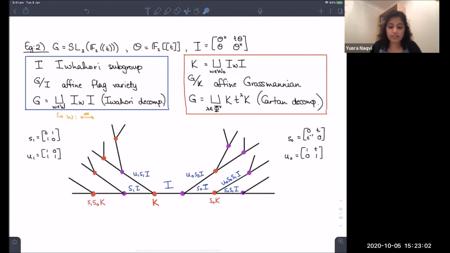On the other side, I want to briefly mention that one of the other things that we consider is the affine Grassmannian, which is in the building universe, in the setting that I'm in with these pictures, looking at what is happening to the red vertices. So this K I'm thinking of as a stabilizer under this action by G on the building of the red vertices. And the reason I care about the red vertices is because these essentially are built out of looking at the finite Coxeter group living inside the affine extension.